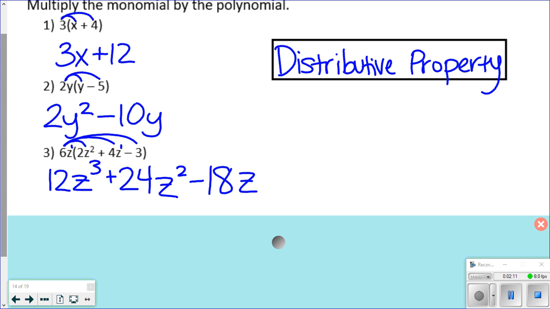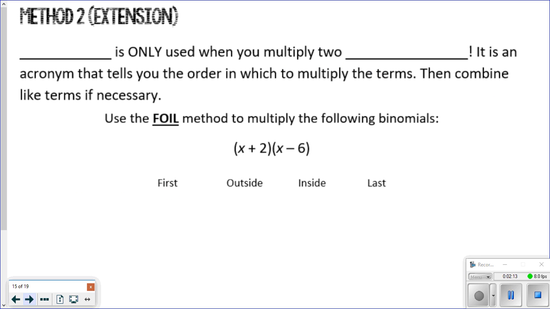Now, we can also use the distributive property, but another way to say it is called FOIL, F-O-I-L. But FOIL can only be used when we're multiplying two binomials, so a 2 by 2.